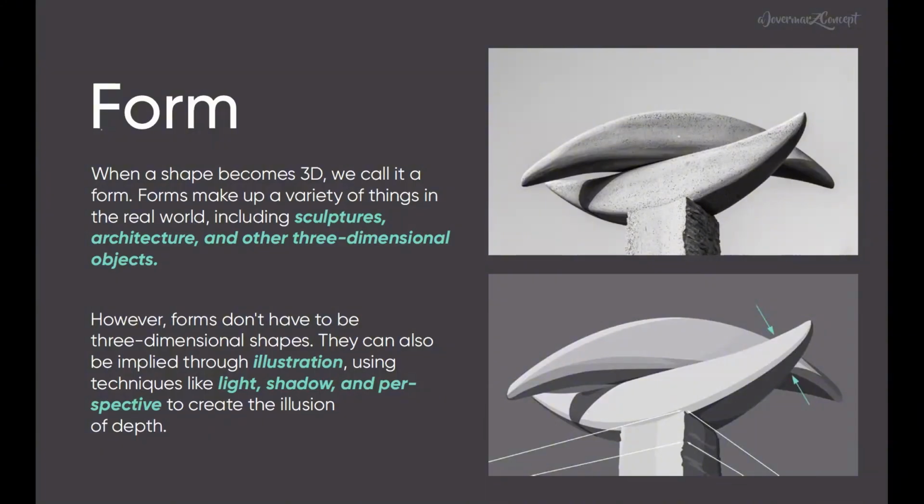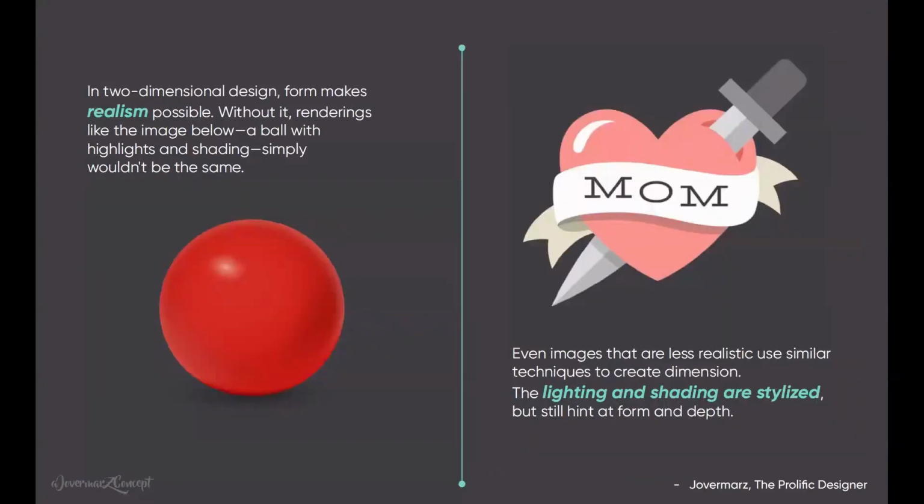Some people say it's manipulation, but that's the work of a designer. You sort of create that depth. You give it a perspective. In 2-dimensional design, form makes realism possible. So maybe this ball-shaped, red ball here was a flat circle.